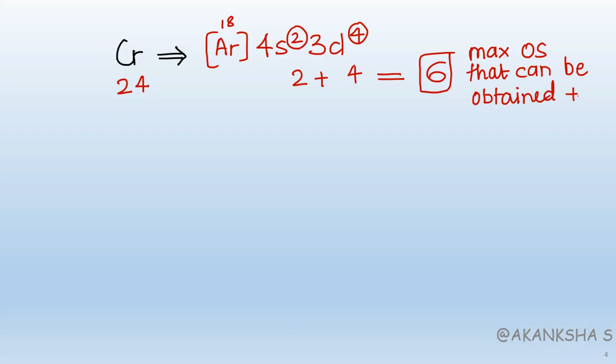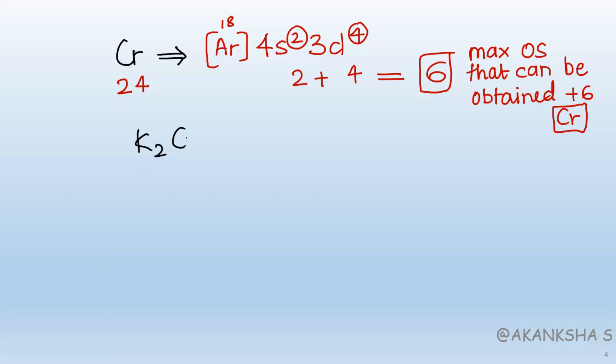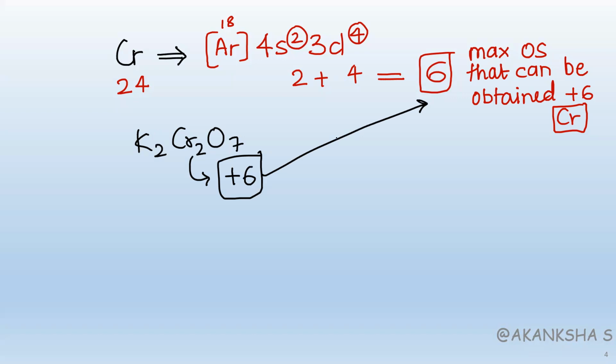Okay, +6 is the maximum oxidation state that can be obtained by chromium, right? In potassium dichromate that we just discussed, over there also, chromium's oxidation state was +6. So if you tally this out, this +6, this +6, what does it indicate? In potassium dichromate, chromium is at its maximum oxidation state.